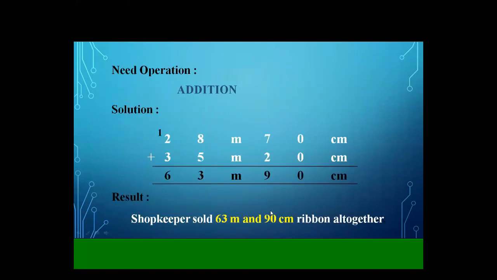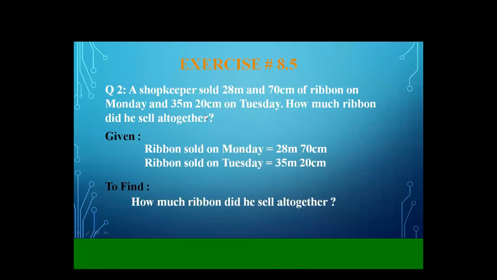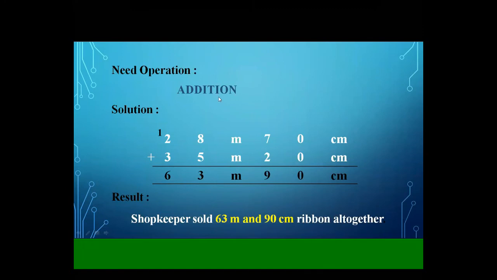Third step is need operation. They said here altogether. You need to find the total selling of these 2 ribbons. So you use addition operation here. Then solution. First of all, you write again these digits here: 28 meter 70 centimeter, 35 meter 20 centimeter. First of all, you just add up these all. 0 plus 0, 0.